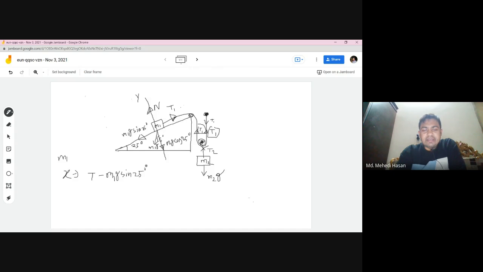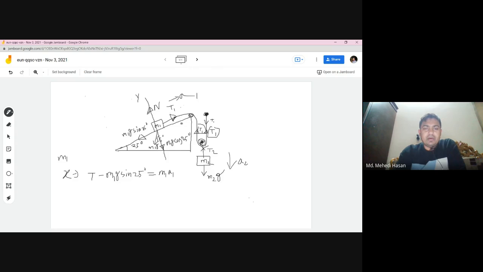This is the net force along the x-axis, and we are considering the motion is upward for M1 and downward for M2. So the acceleration is upward for M1 and downward for M2, and the accelerations of M1 and M2 are different. So T minus M1 g sine 25 degree is the net force acting on the M1 object, and this is equal to M1 A1.